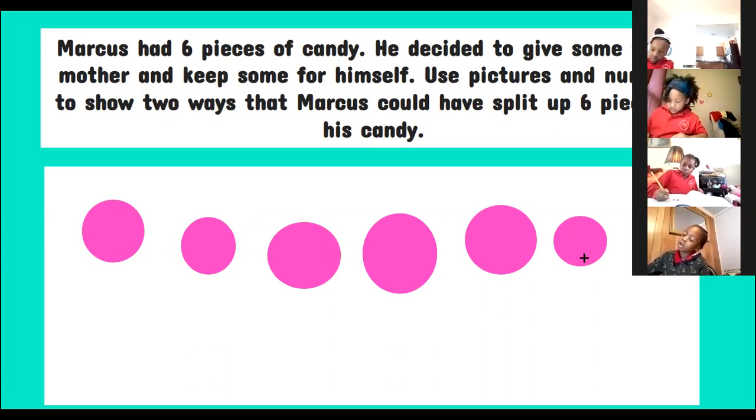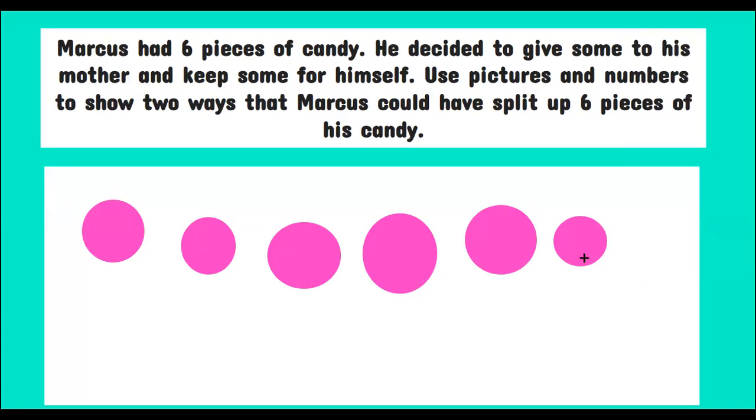So Marcus wants to know what 2 ways he split his candy up, right? So I'm gonna also have a number bond on my paper because I know I gotta figure out what 2 parts it is. So you can go ahead and draw your number bond. Everybody should be on mute.